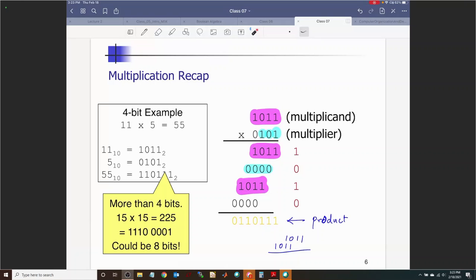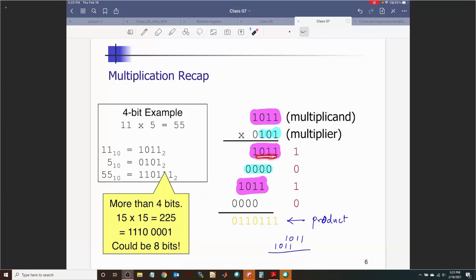Then you either add the multiplicand or you don't add the multiplicand to the product register. You add it when the least significant bit of the multiplier is 1. You don't add it when the least significant bit is 0.